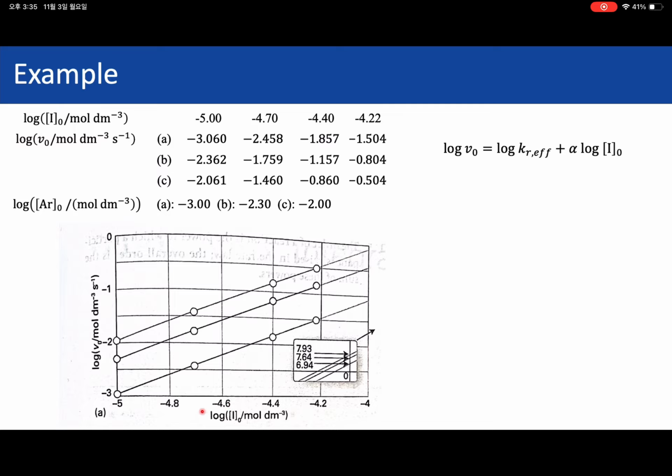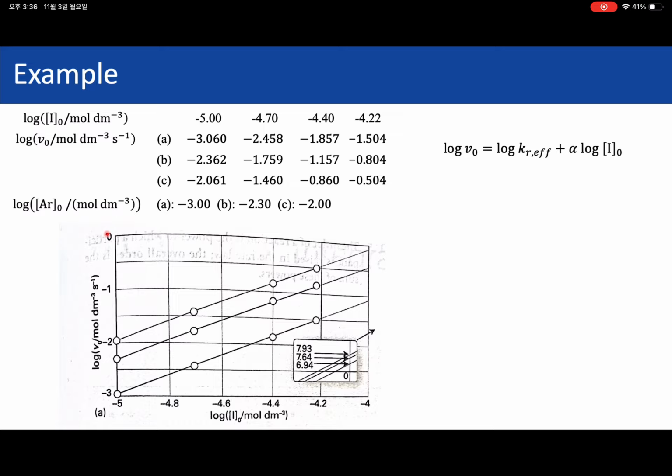The x-axis is log I, which is here, and the y-axis is log v. The x values are -5, -4.7, -4.4, -2.2, and this y value is those three. So we have three different lines with respect to the three different concentrations of argon.